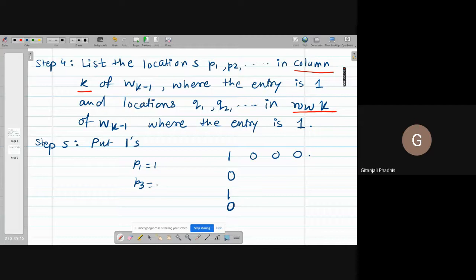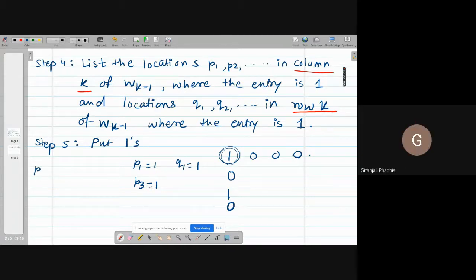So P1 and P3 are 1, correct? Then what is the value of Q? In the first row, I have 1 in the first column. So what is the value of Q1? It is 1.